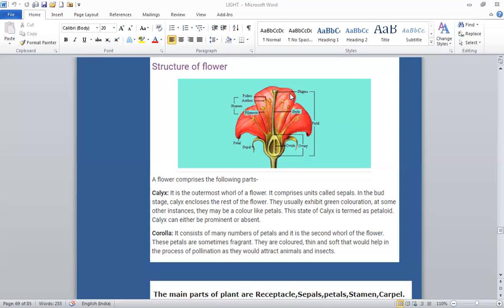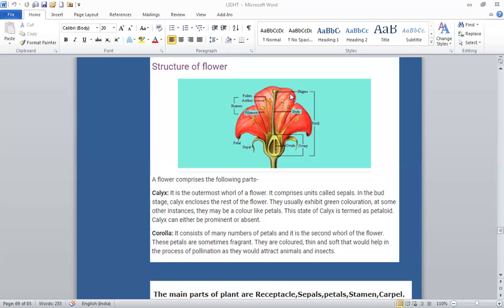Flowers are specialized condensed shoots, which are also called reproductive shoots as they take part in sexual reproduction.